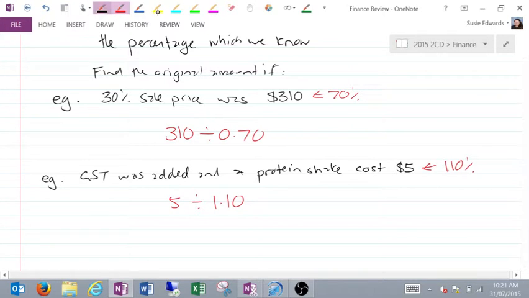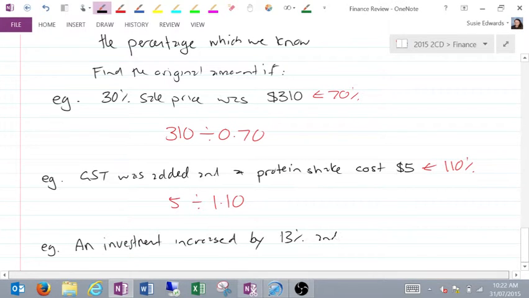All right, what about, I'm just going to say, an investment increased by 13% and was worth $10 million.